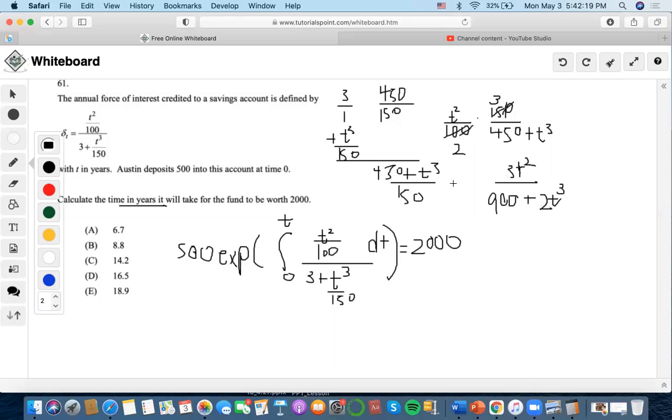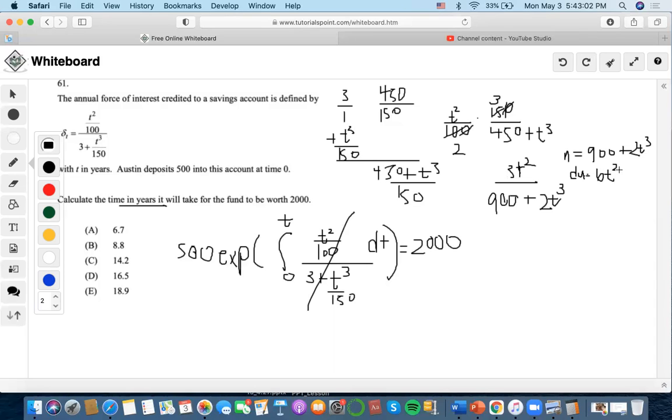Now we're going to solve for this integral. We already simplified it, right? First, I'm going to set this as u. So u would be 900 plus 2T cubed, and du is 6T squared.